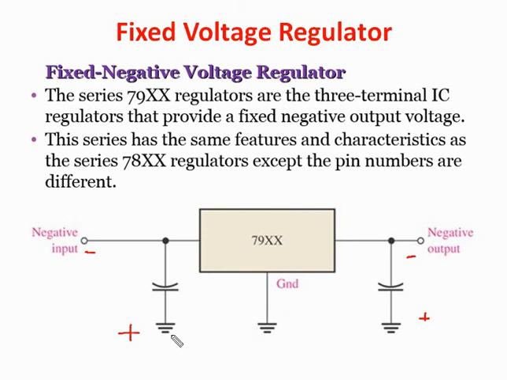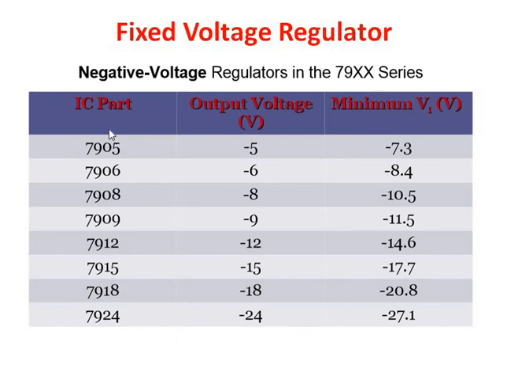The third terminal is common. These are the different types of negative voltage regulator ICs. The 7905 maintains a constant negative output voltage of minus 5 volt, and the minimum input voltage required is minus 7.3 volt.